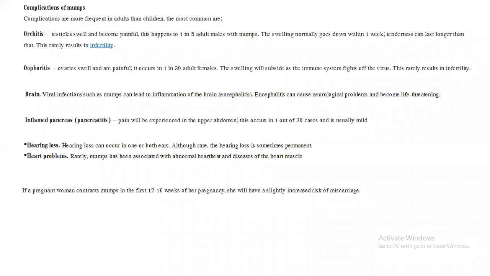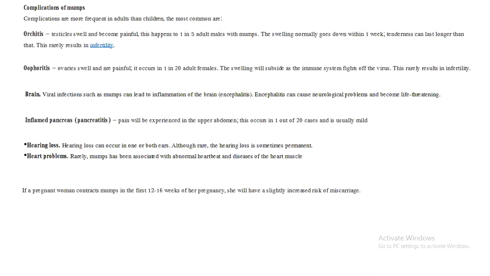Complications of mumps. Complications are more frequent in adults than children. The most common is orchitis, where the testes swell and become painful. This happens to 1 in 5 adult males with mumps. The swelling normally goes down within one week. Tenderness can last longer than that.